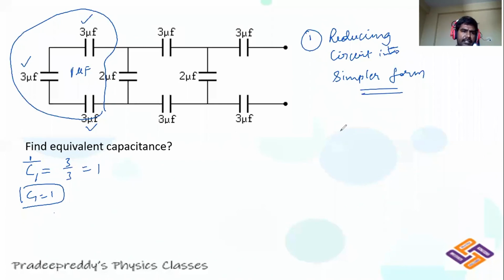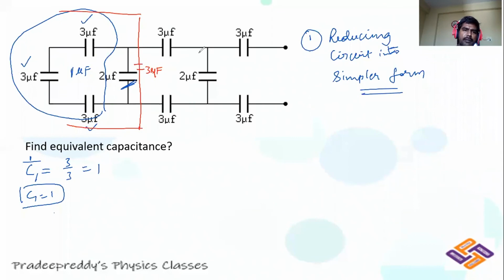Next, that 1 microfarad is connected in parallel with this 2 microfarad. So till here, the effective capacitance is 3 microfarad, because 2 plus 1 gives you 3 microfarad.